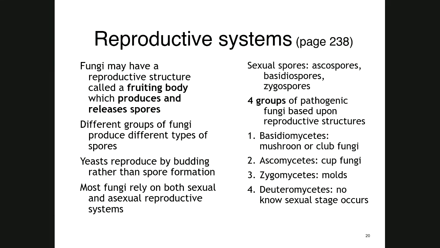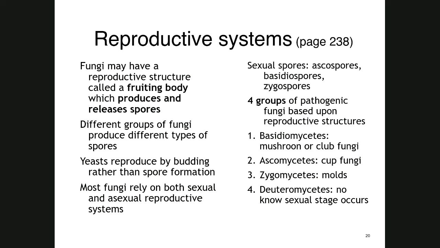So they may have a reproductive structure that's called a fruiting body, which produces and releases spores. So different than how bacteria grow, fungi typically will have spores as part of their reproductive process.